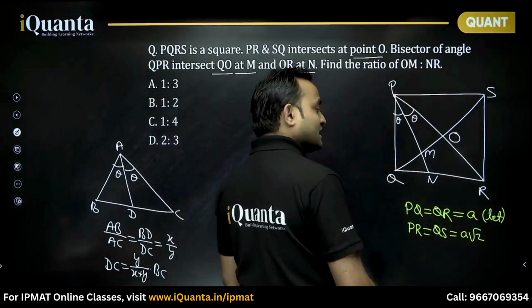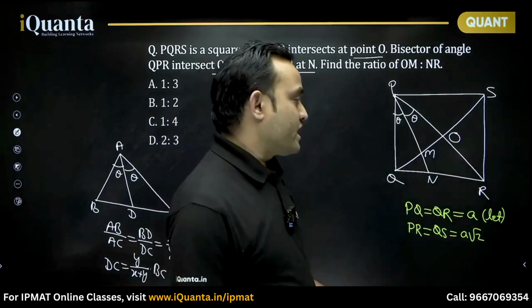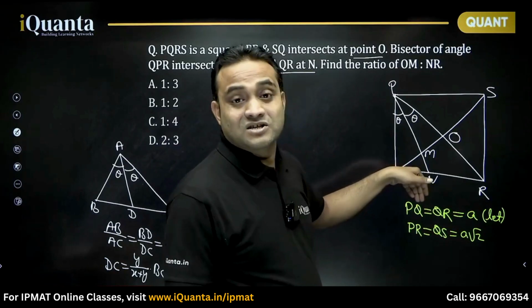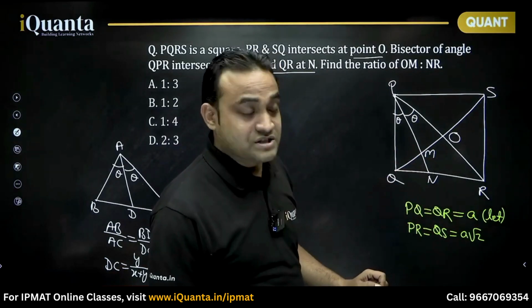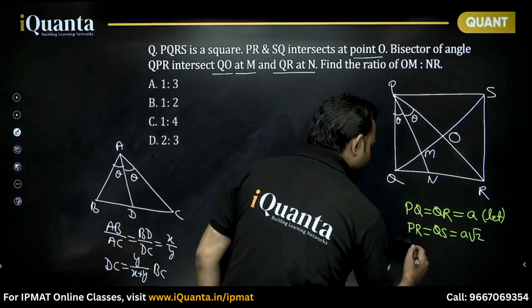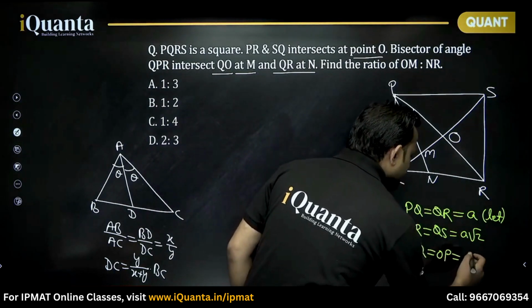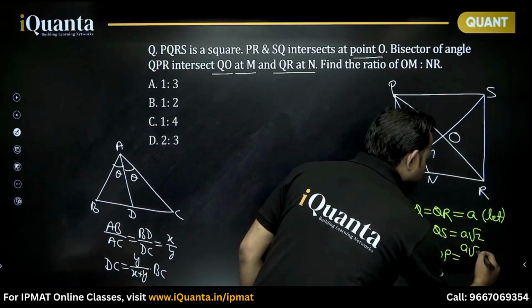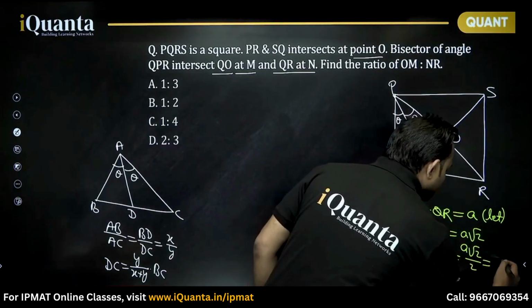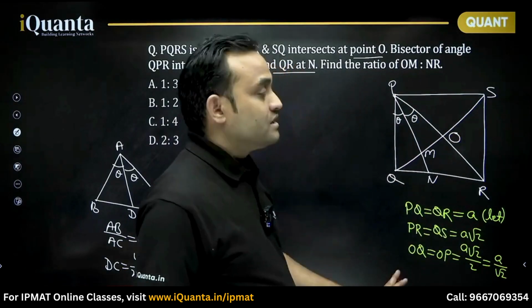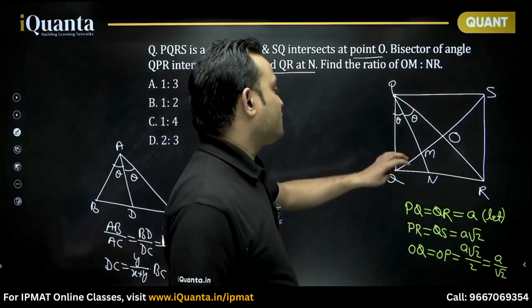And similarly, in any square, the diagonals are bisecting each other as well as perpendicular to each other. So we can say that OQ will be equal to OP, which will be half of the diagonal, which is equal to A upon root 2. Okay, now what we need to find? We need to find the length of OM.